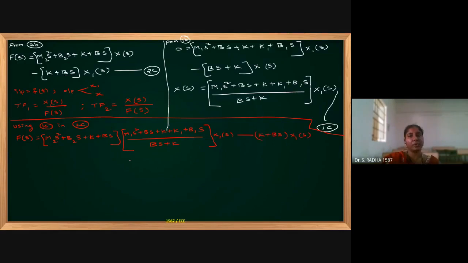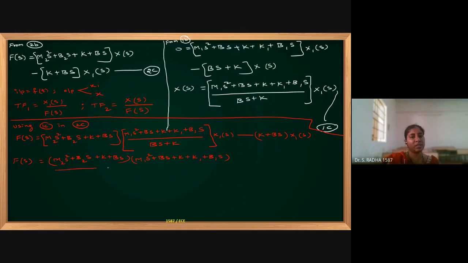Now you rearrange what I want for transfer function 1, output by input. F of s equals, in the numerator, m2s square plus b2s plus k plus bs, this is one factor, and another factor m1s square plus bs plus k plus k1 plus b1s.